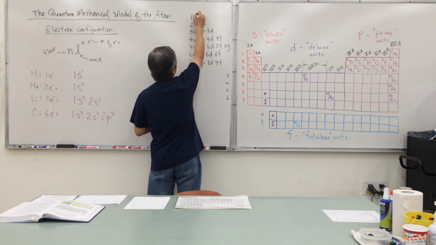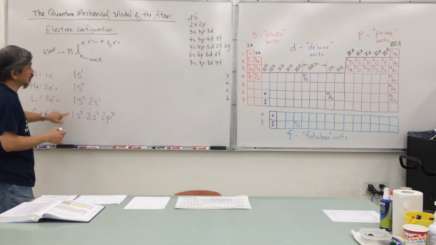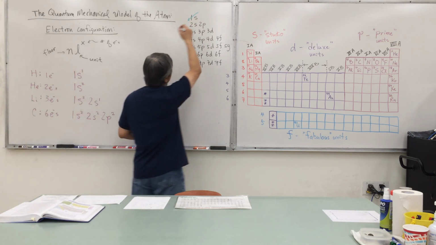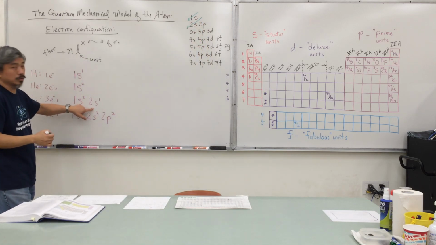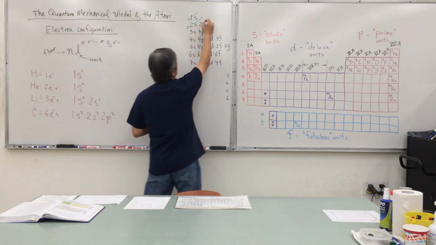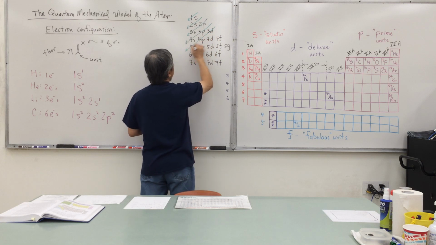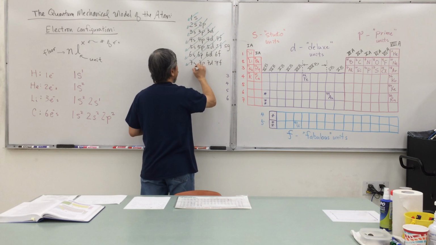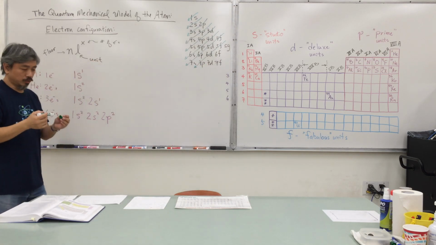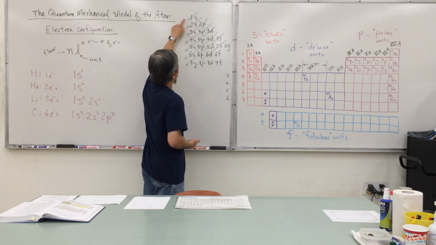And the idea is that you will follow this according to a particular path. So you start off up here, drawing an arrow going through here. So you go to 1s first. Go ahead and fill in all the 1s first. Once you are done filling in the 1s, you then go and fill the 2s. You continue with this pattern of arrows as you come down, this triangle. From 2s, you go to 2p.